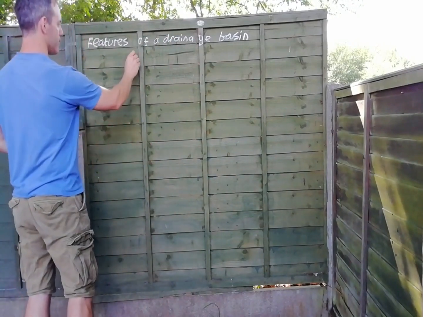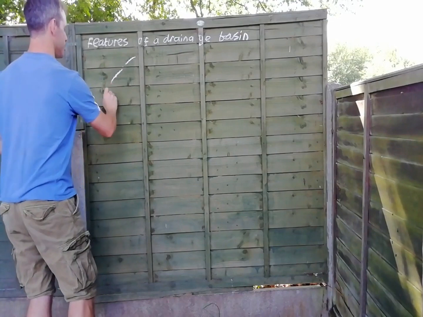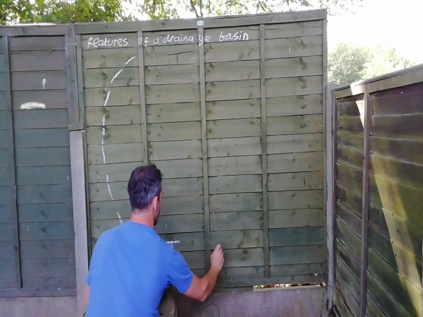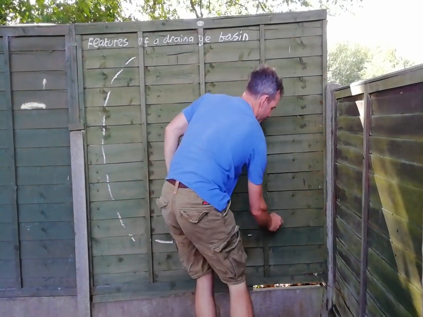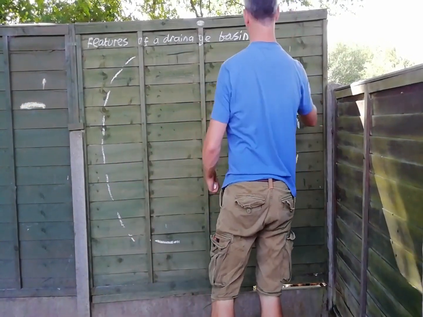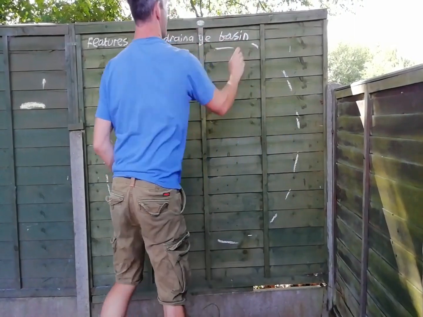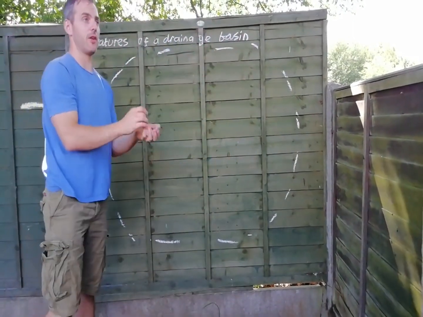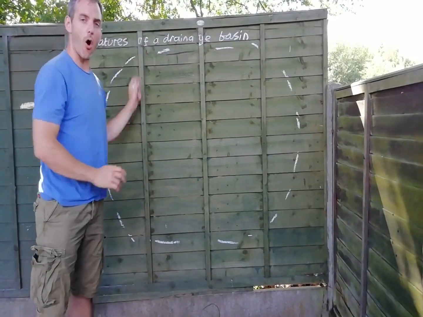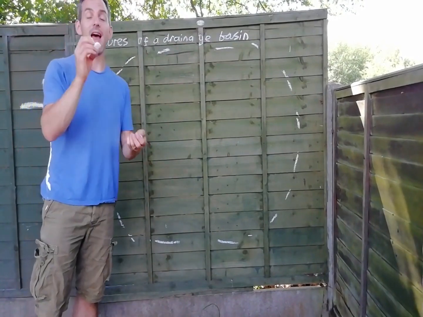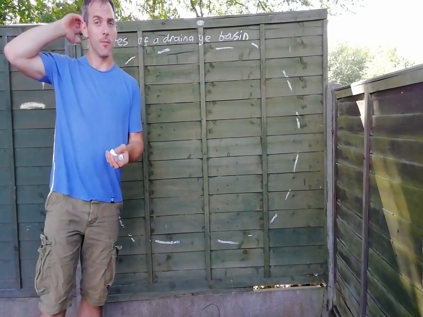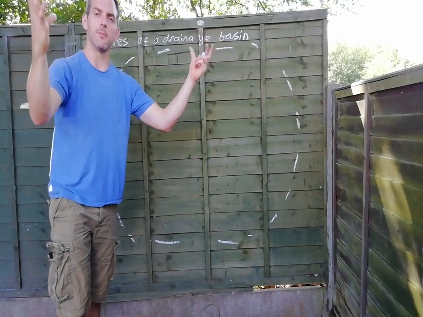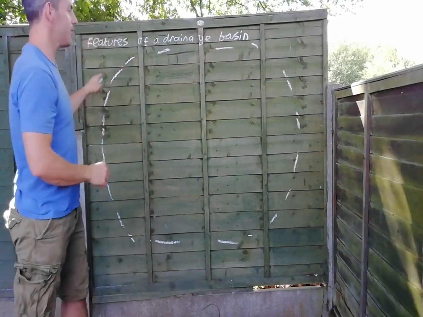So first off, I want you to imagine this could be 50 kilometers in width. This is the whole area of the drainage basin, like the basin in your bathroom, where if you pull out the plug, which is the river, the water inside the basin drains. So here's your drainage basin.